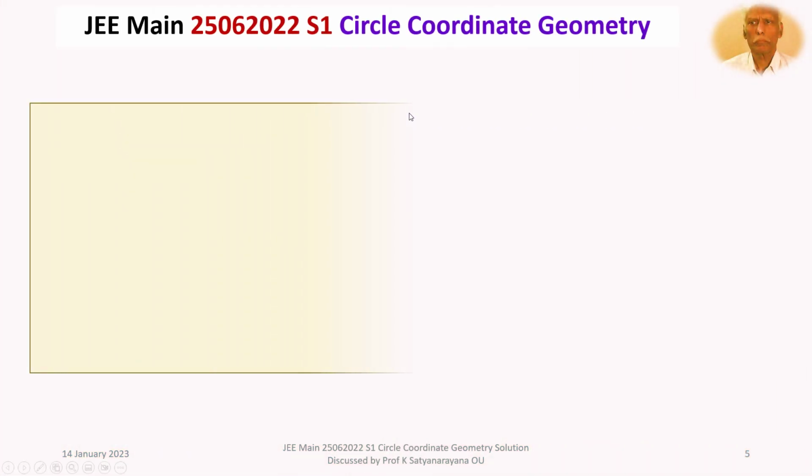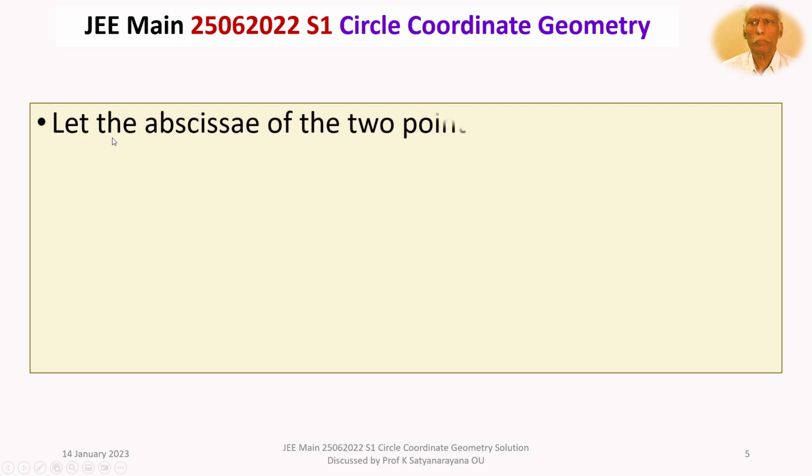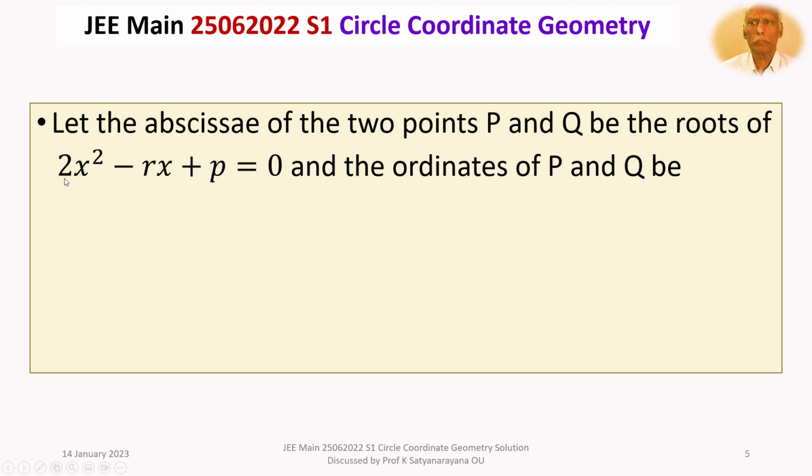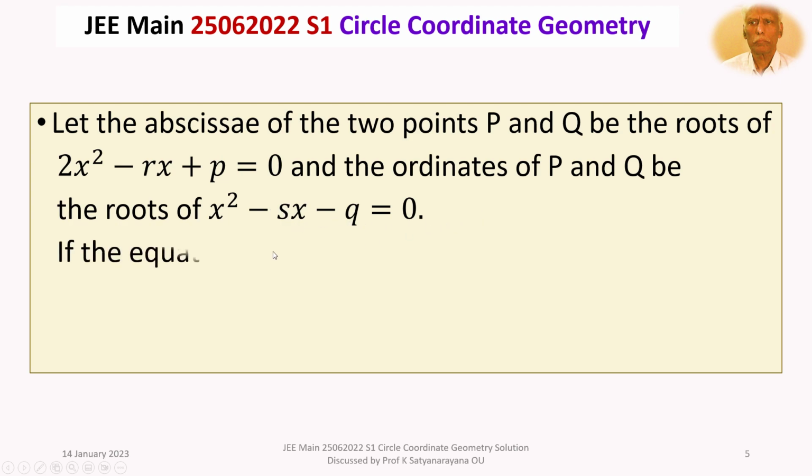The given question is, let the abscissae of the 2 points P and Q be the roots of the equation 2x square minus rx plus p is equal to 0, and the ordinates of P and Q be the roots of the equation x square minus sx minus q is equal to 0.